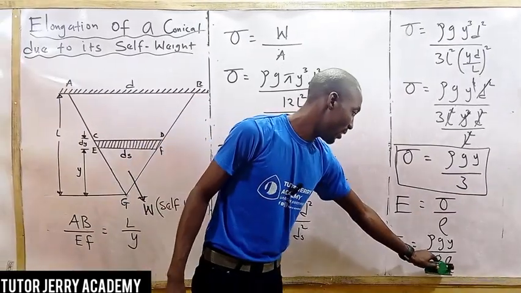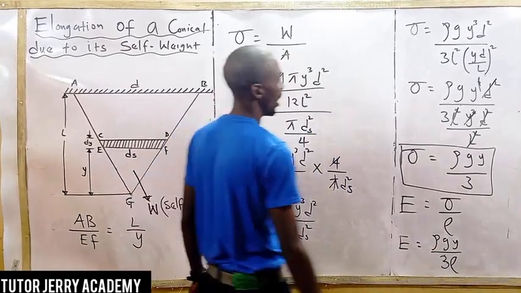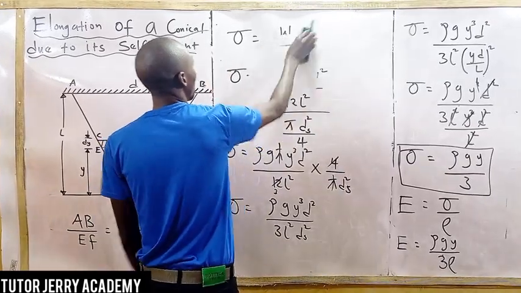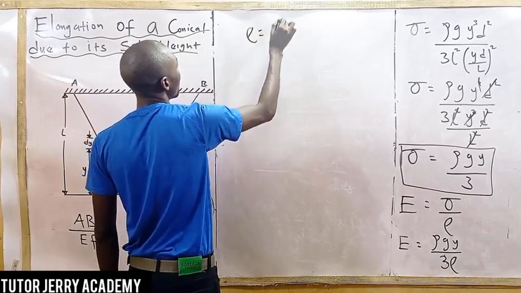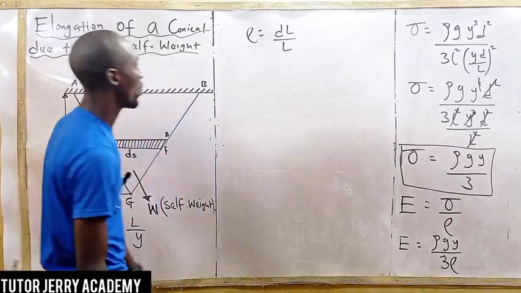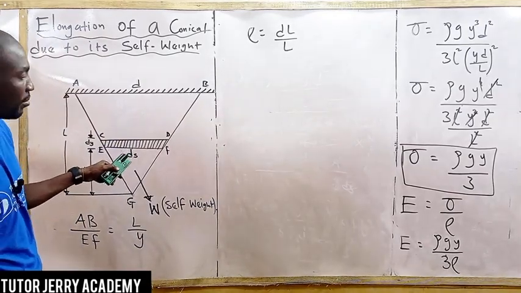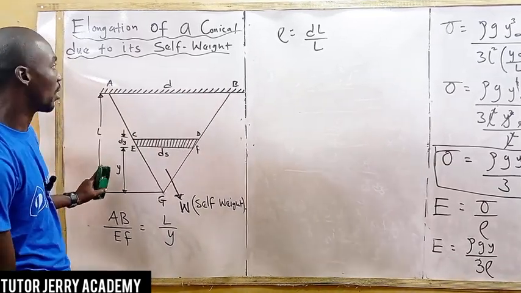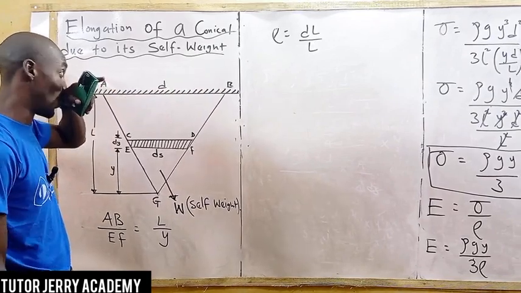But don't forget that our strain can also be written as dL all over what? L. But we are considering a differential element, right? So our L here will become our y, and our dL is going to be our dy.